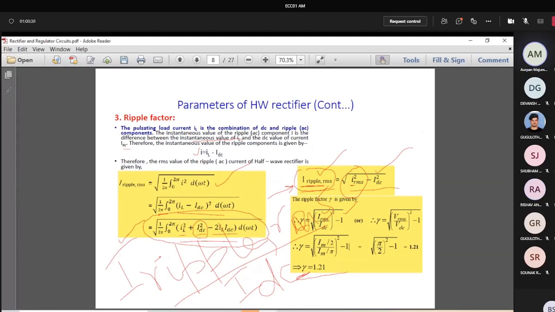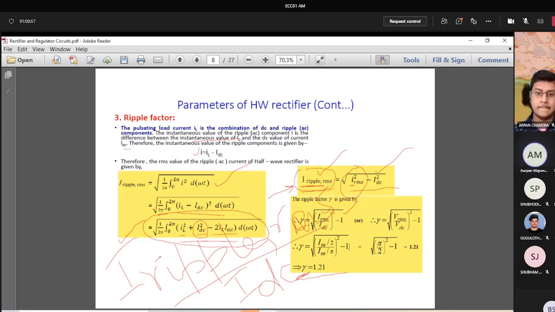With respect to DC, what is the variation, what amount of ratio is there? If that factor is high, the AC part's RMS is definitely high, or in other words, the AC's existence is far higher at the output, or the pulsating nature is too much in the outcome.